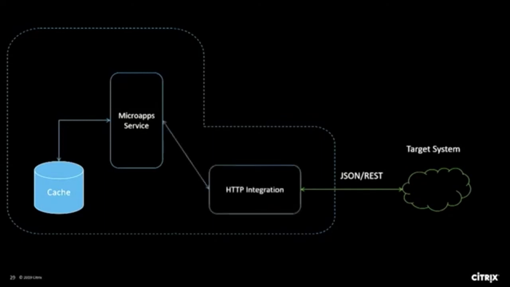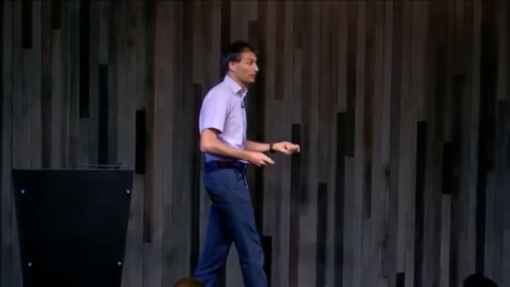We have a thing called an HTTP integration. Unsurprisingly, that is something that understands JSON and REST on the right-hand side, speaks the appropriate language on the left-hand side. What you are going to be doing is basically teaching that how to talk to whatever system you think is appropriate. And what I mean by that is, yes, it speaks JSON, but it doesn't know what tables are in there. It doesn't know what fields are in there.